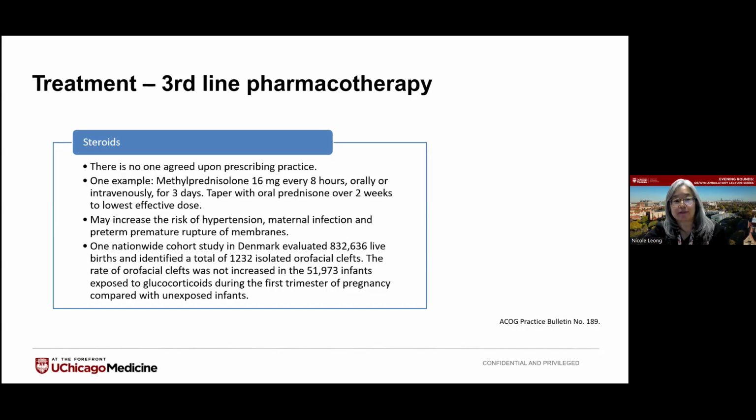In terms of fetal safety, the rate of oral facial cleft malformations does not seem to be increased with the use of steroids in the first trimester. It's not our first choice. It is down the line if nothing else is working, but it is quite effective in someone who has a severe case of hyperemesis.